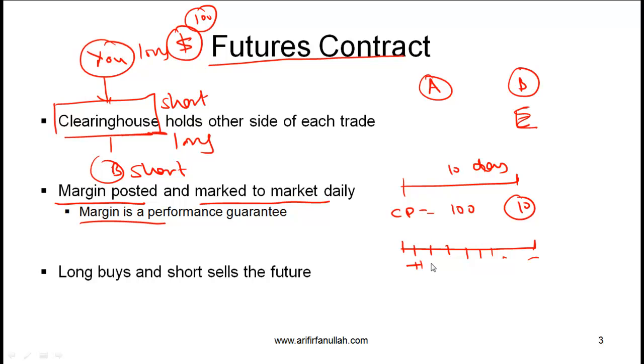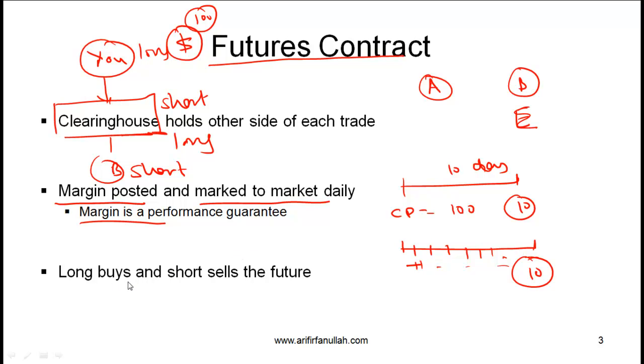At the end of 2 days you will have made $2, and so on. So by adding to your account on a daily basis, we are effectively marking to market. After 10 days, again your overall benefit is 10.